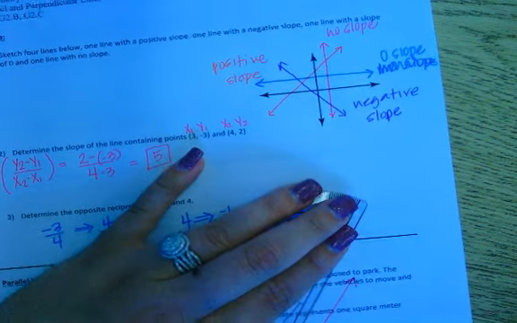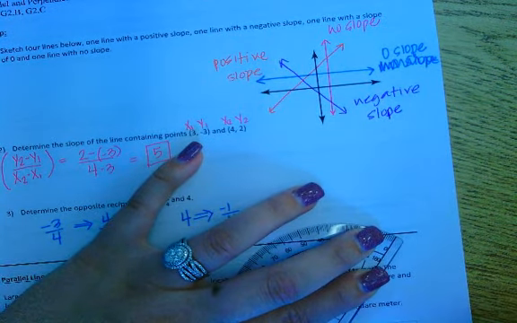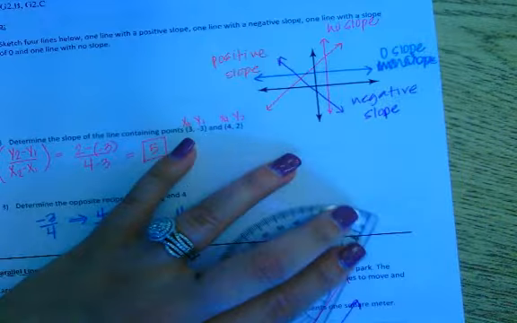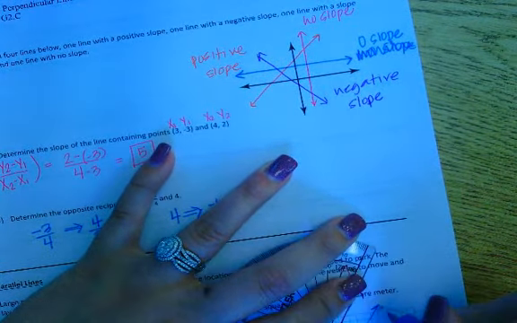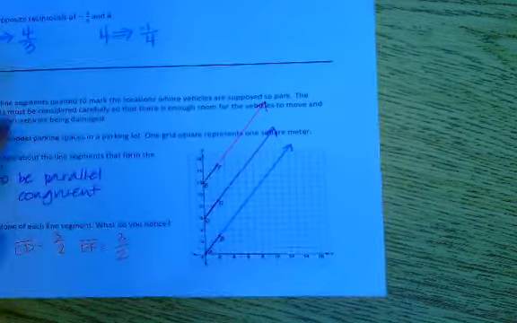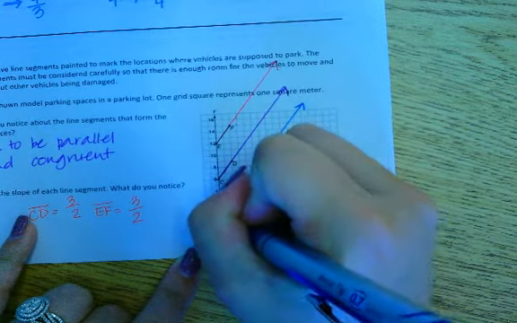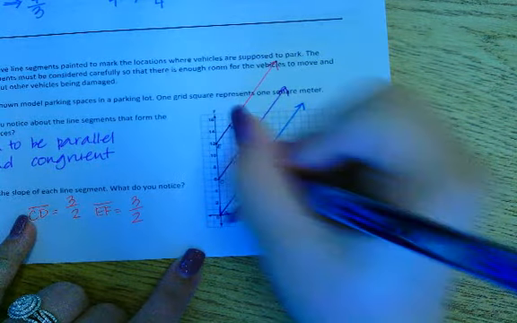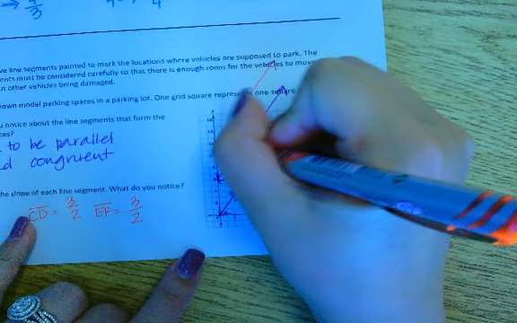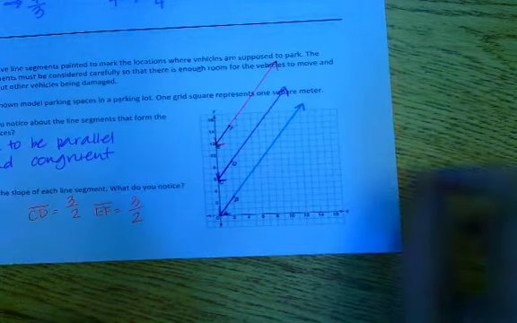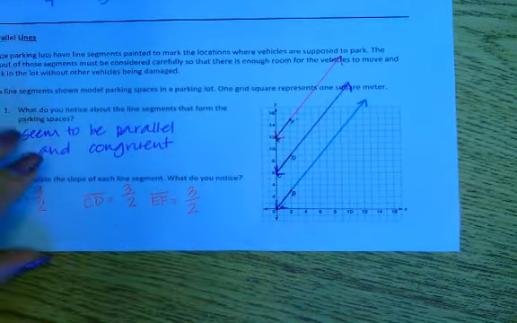Okay, so it wants you to make them lines. Okay, and then write the equations of each of these lines. You already found your slopes, you just need to find your y-intercept.